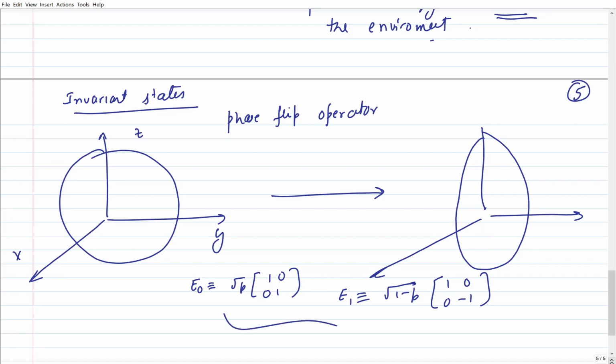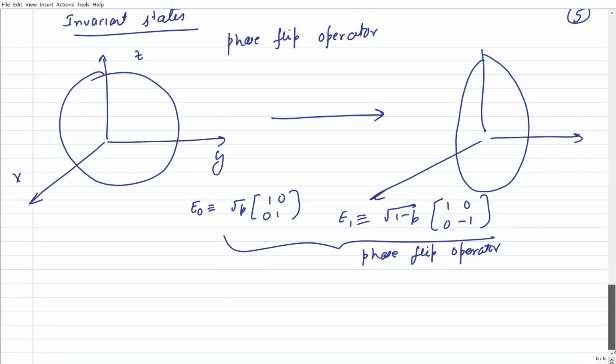So this was the phase flip operator. Similarly speaking, what do you think are the set of invariant states of the amplitude damping channel?